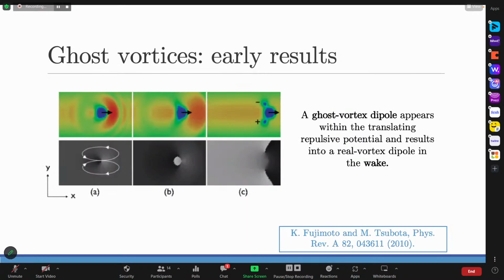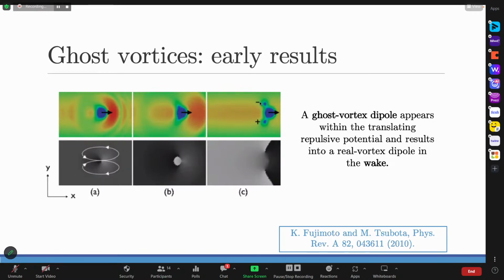Another platform where ghost vortices were described is the following. You take a superfluid described by a wave function, and you shine a repulsive laser beam, so you create a density depletion, a little spot where your superfluid density goes to 0. Then you start translating the laser beam. We all know that if the translation velocity is high enough, you create excitations in the form of vortex-antivortex pairs.